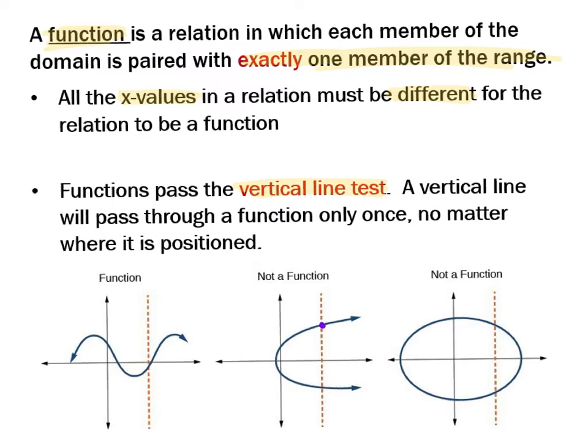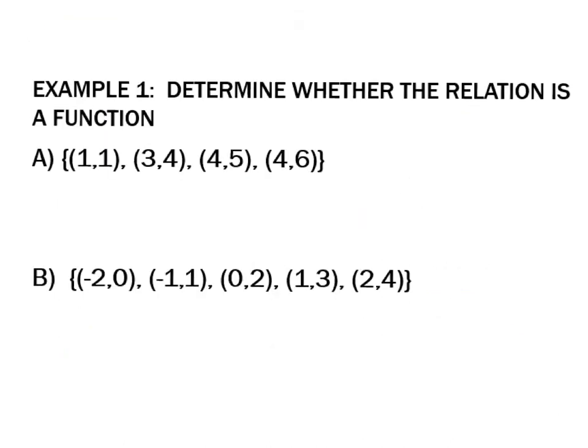Versus the next example, this vertical line crosses this graph twice, so it's not a function. And the third example, in this place, crosses this graph twice, also making it not a function. So in order to determine whether a relation is a function, when you're given a set of ordered pairs, you're basically asking yourself, are all the x values different?